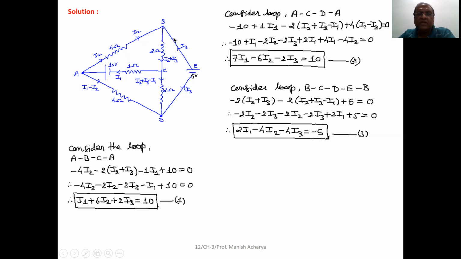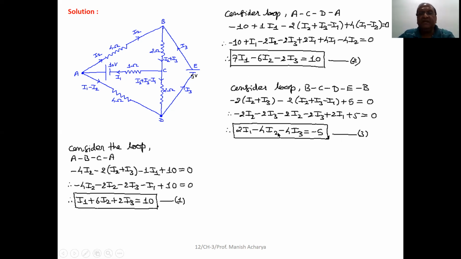Then D to E to B. So you are moving from negative terminal to positive terminal of the battery. So potential difference is taken plus 5 volt and resultant, that is 0 when you reach at B. Again simplify this equation and prepare the equation in terms of I1, I2, I3. Say this is equation number 3.